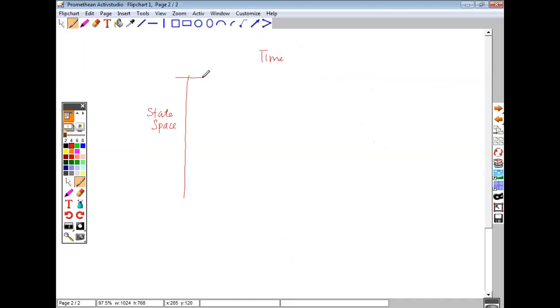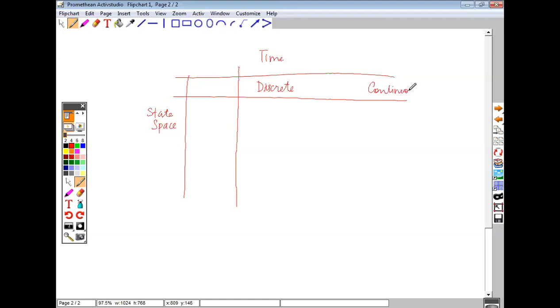This can be discrete or continuous, and so can this one. So I write discrete here and continuous here, and again discrete here and continuous here. Out of these 4 boxes, which one do you think the rainfall example will fit in?